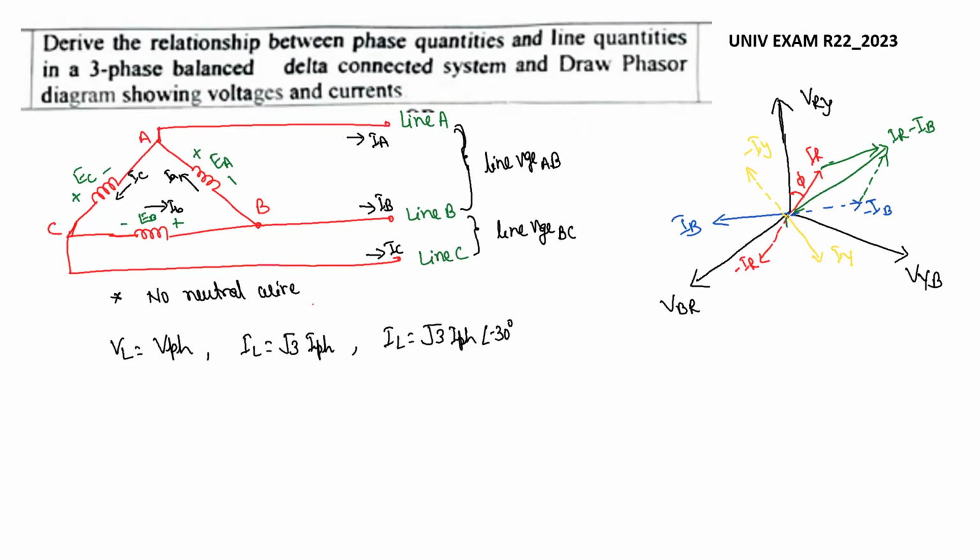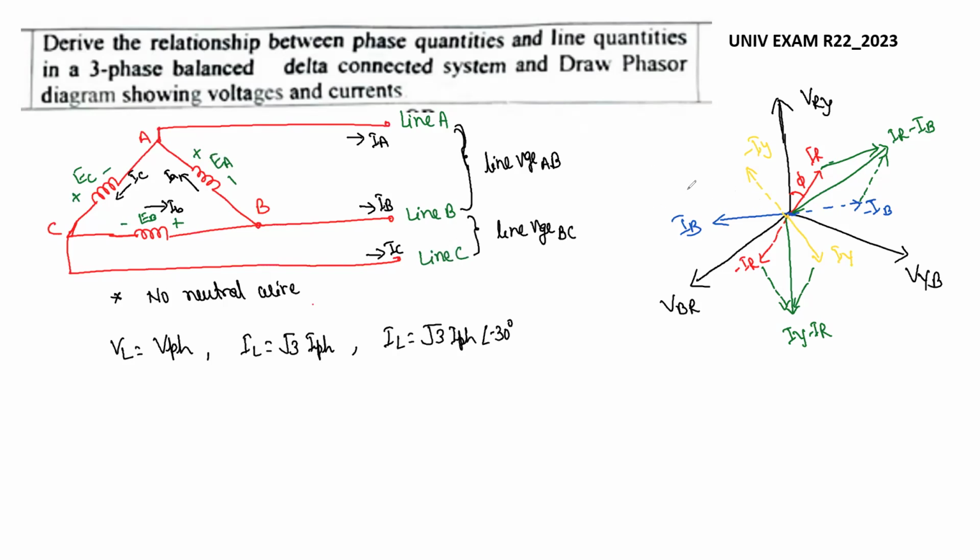Similarly, to find the resultant, we project the vector parallelly here. So we get the resultant vector, which is IY minus IR.